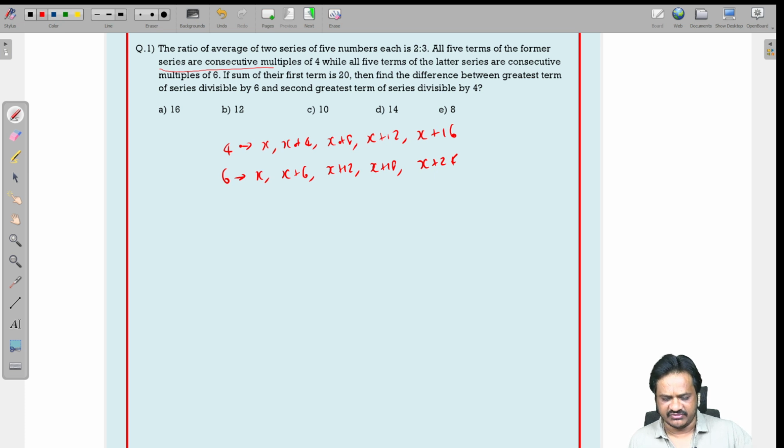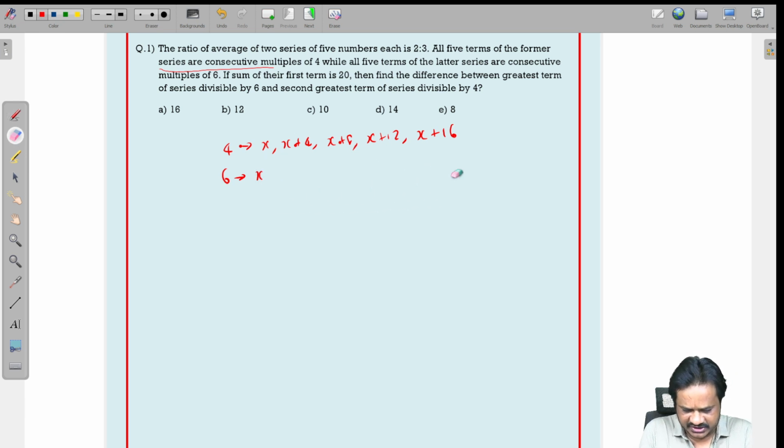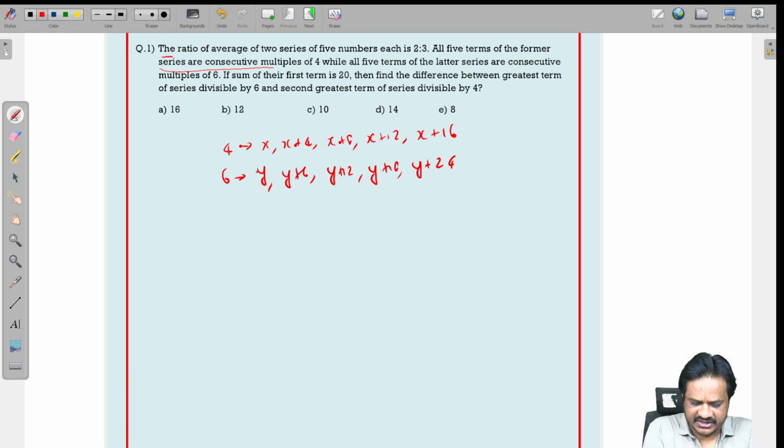Here what is given, the sum of their first terms. Instead of taking x, let us take y. So, y plus 6, y plus 12, y plus 18, y plus 24. Now, the ratio of the average of the two series is given.